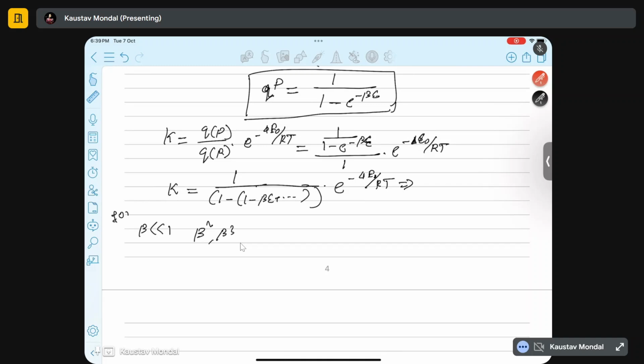So for high temperature, that means beta less than 1, this whole expression will look like 1 by beta E into e to the power minus delta E0 by RT, or it will be kT by E into e to the power minus delta E0 by RT, the equilibrium constant K.